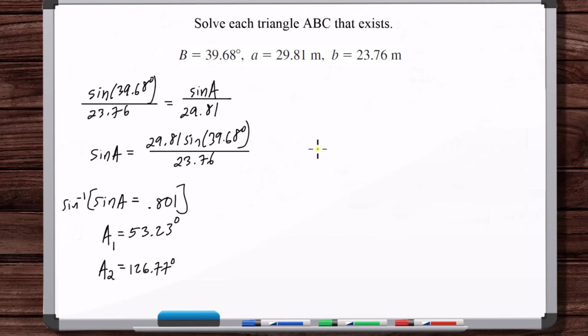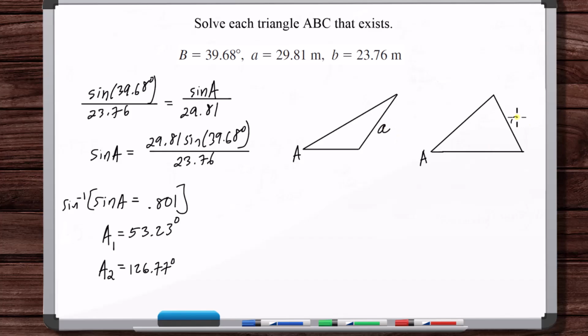Okay, so this is angle A, this is angle A. Those don't change. This length doesn't change, and this length doesn't change.